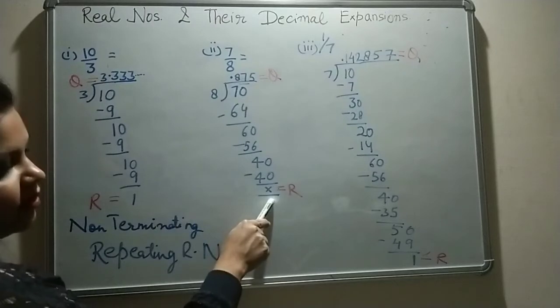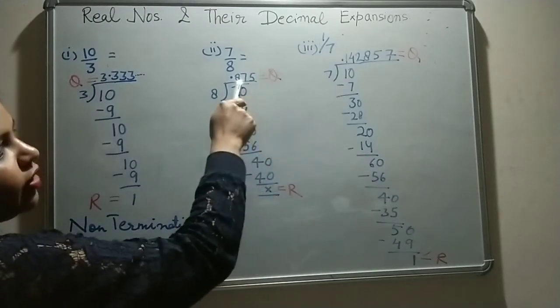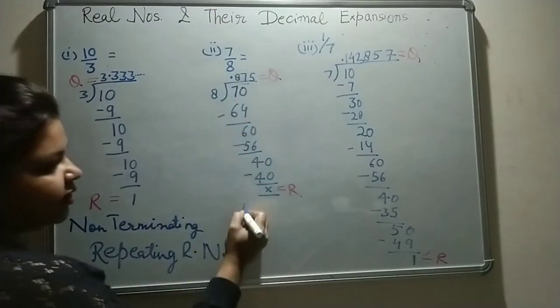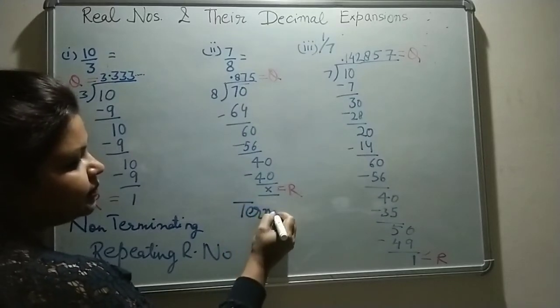Here the remainder is 0 and we got a quotient, so this is a terminating example.